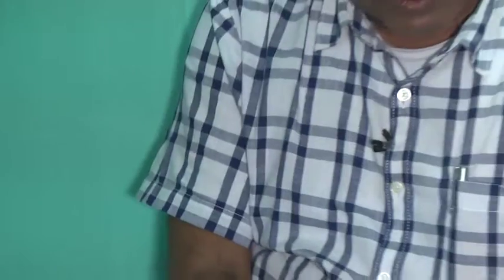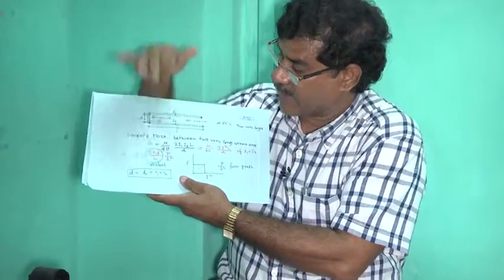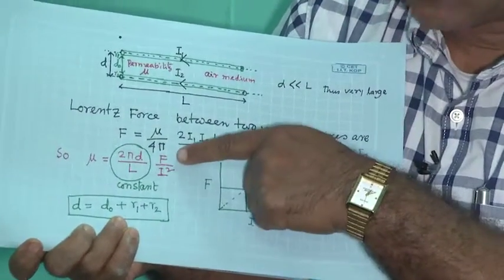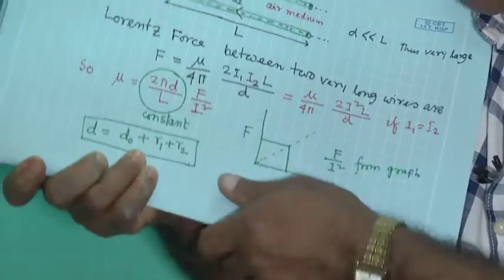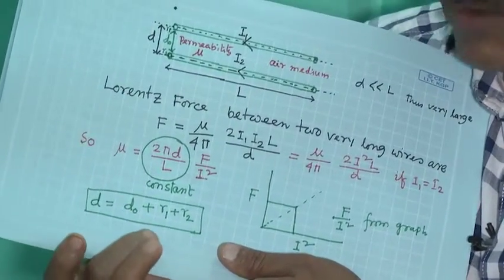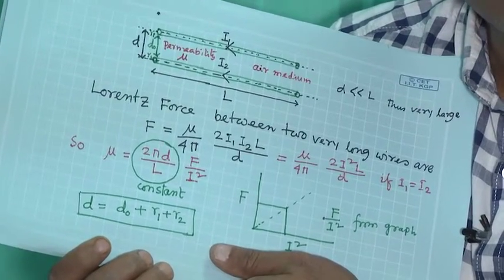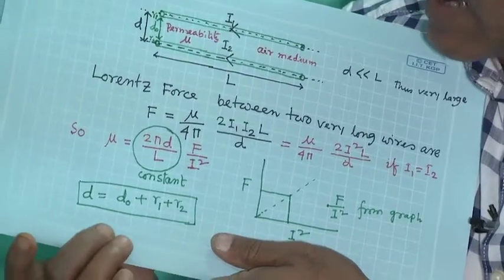So what is left in our working formula? It's mu equal to 2 pi d capital L divided by capital L f by I square. This d I have measured, R1, R2 as I showed using the screw gauge, not slide calipers, and d0 using this optical method.